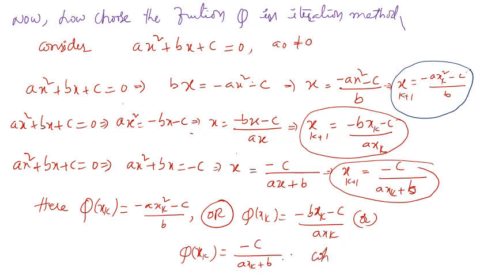So which is the better function for phi of xk? This is the question. This we will study in convergence analysis of the iteration method. So which function gives the best results, that means the best successive approximate roots to the exact root xi.